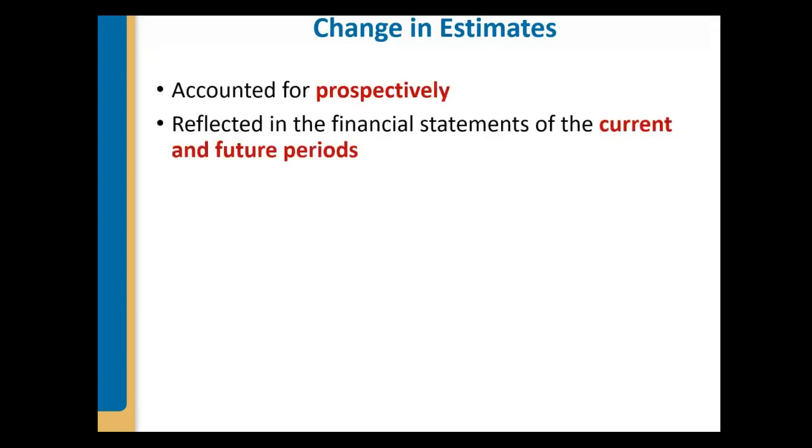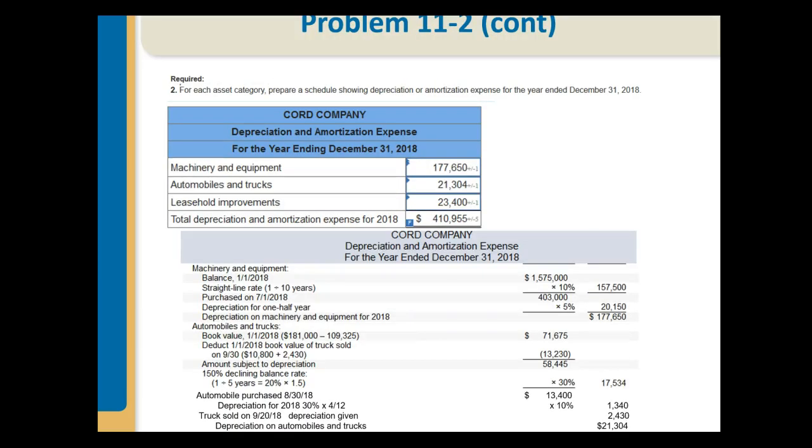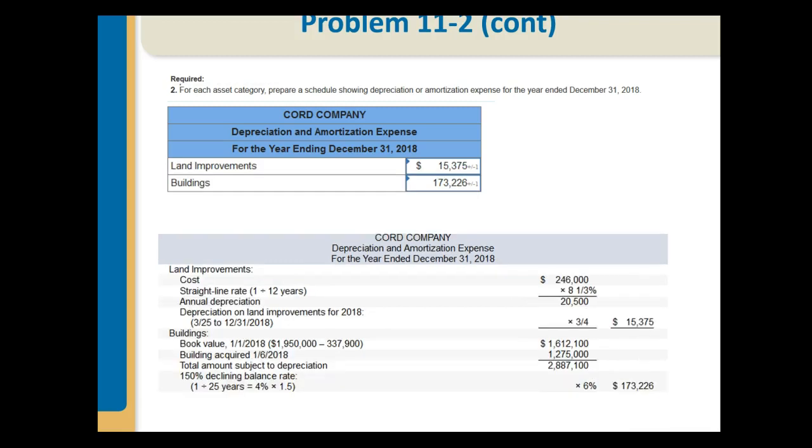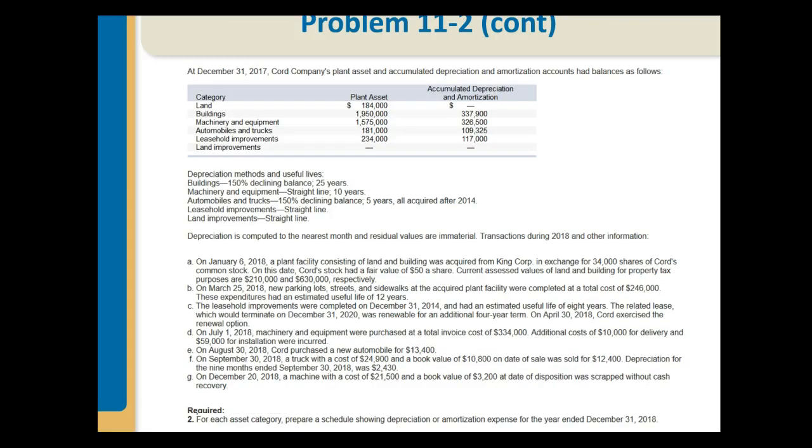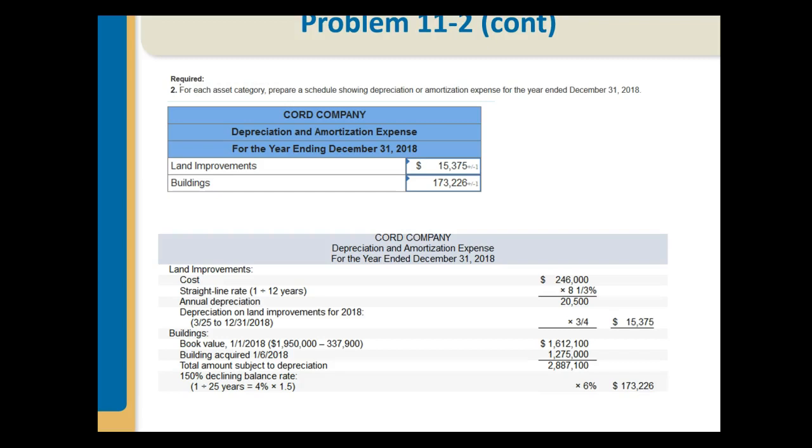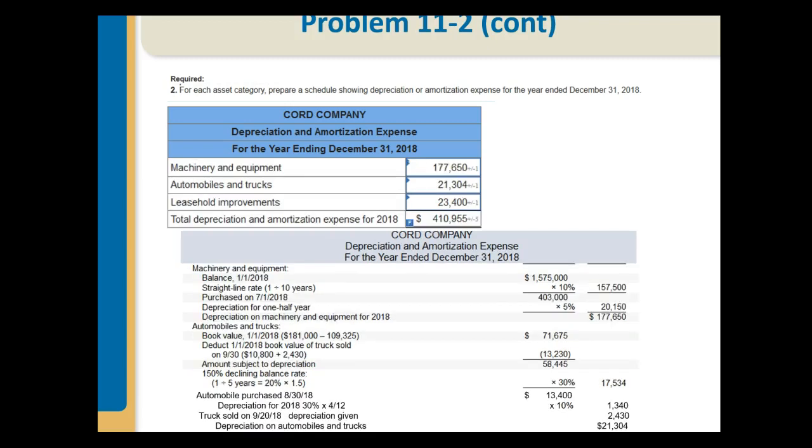So as we go back, in this problem, we've calculated the depreciation for the various items: the land, the buildings, the machinery and truck equipment, automobiles and trucks, and leasehold improvements for a total depreciation for the year of $410,955.